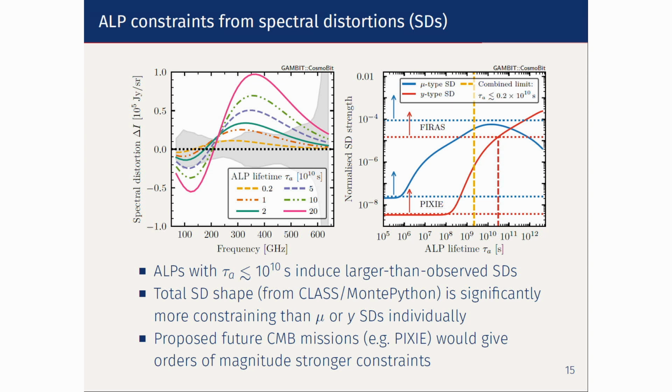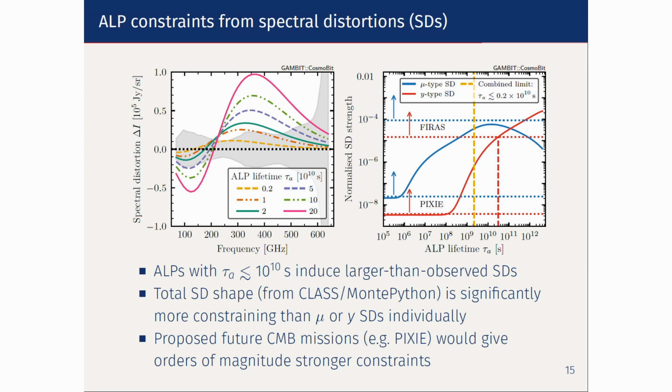So some that affect the chemical potential, for example, in this case, you can see that as the ALP lifetime goes up, the so-called mu-type distortions start to increase at lower lifetimes already, but they never reach the limit as they fall down later on.